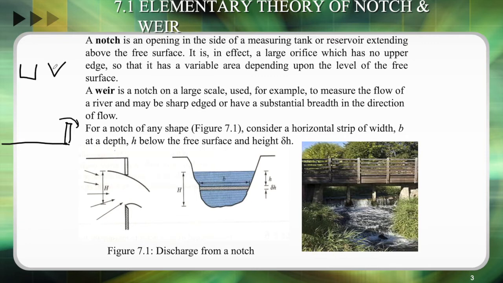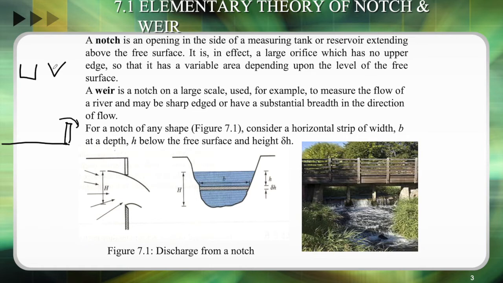Normally a dam will use a weir in its opening to flow the water from the dam to the river. Or maybe you want to measure the flow rate of the water in the river.